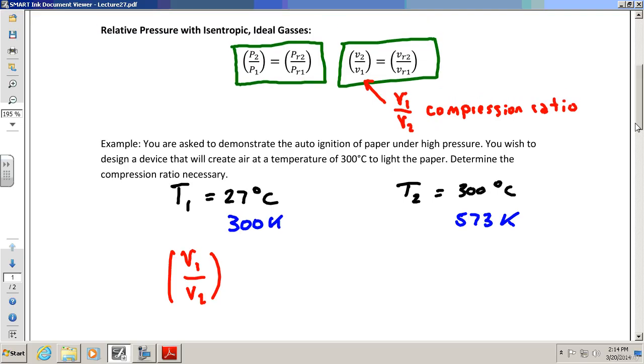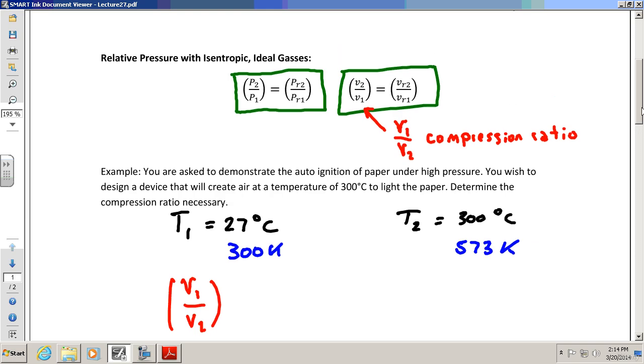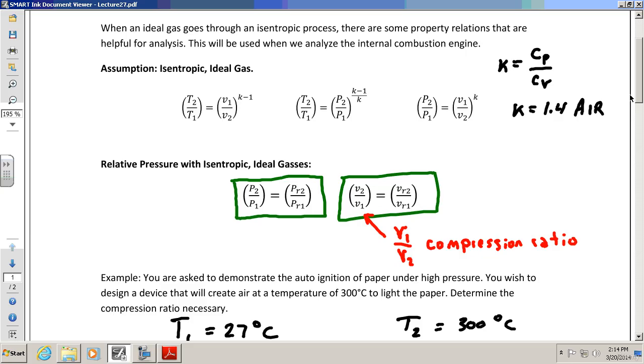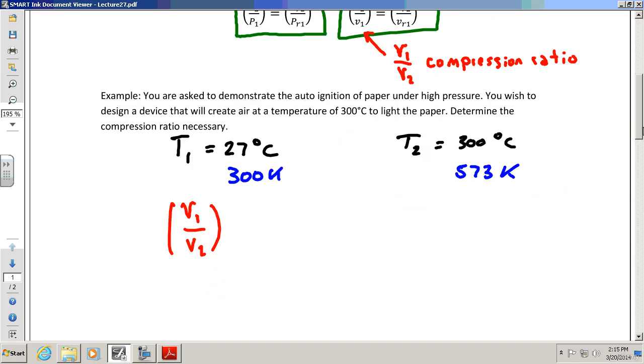Take a look at what I'm trying to solve for: V1 over V2, right? Let's take a look at my equations above. Do you see an equation that I can use up at the top here? Maybe this one, right? Because I have the temperatures, and I need to use the temperatures to solve for the compression ratio, V1 over V2. So let's say this: the temperatures, T2 over T1, according to that equation above, equals the compression ratio to the K minus 1 power.